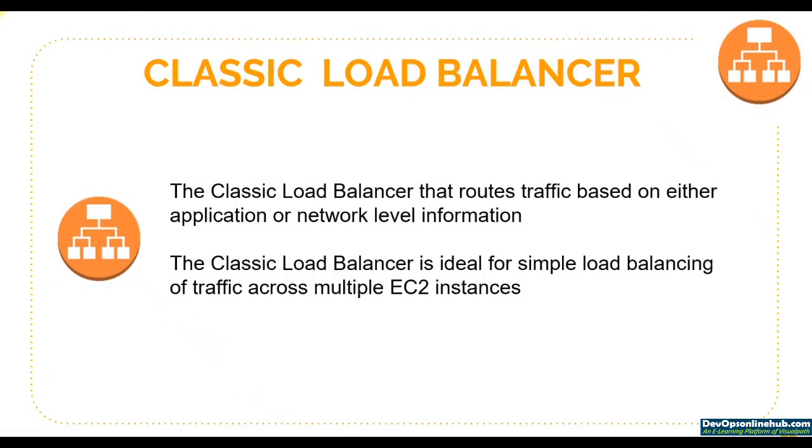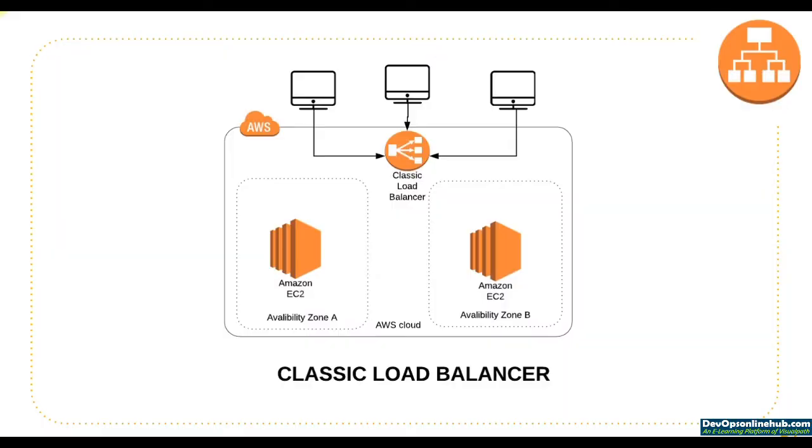Probably classic load balancer will be decommissioned, but this load balancer routes the traffic either at the application level or at the network level. So you can set up HTTP, HTTPS, TCP or any other TCP port also. And it's a very simple load balancing. It listens to the request on the front-end port and routes it to the backend instances.